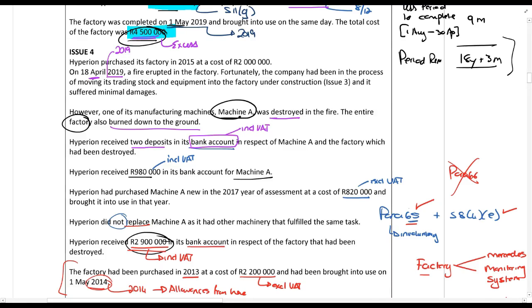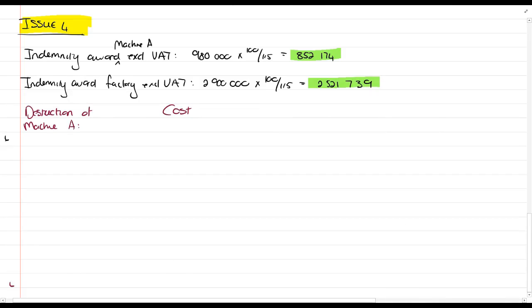Right, so let's quickly look. Cost was purchased new in 2017 for 820,000 rands, wasn't replaced. Right, so cost 820,000.